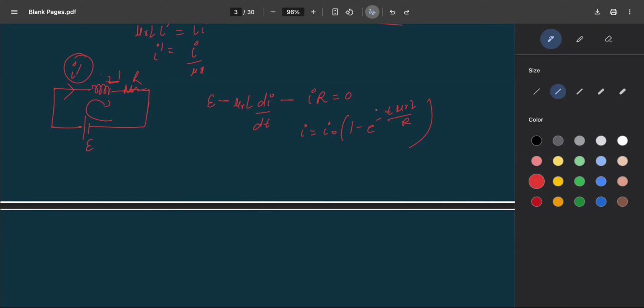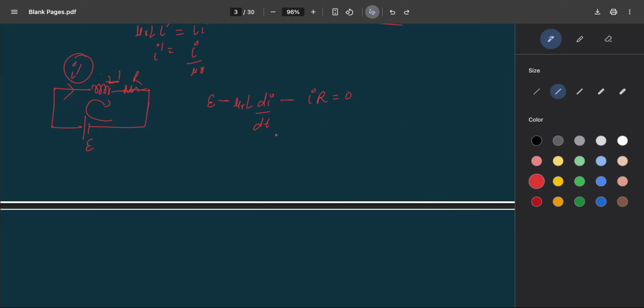Actually, there should be one more parameter over here. When you integrate it, you get something like e minus I R. So here you get e minus I naught R, the final, divided by e minus this. In this case, I'll be having I dash R. Clear? This is one more parameter I'll be having.